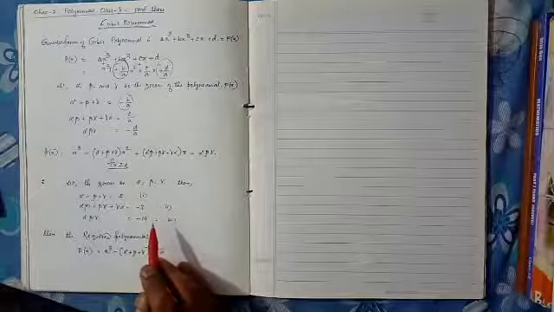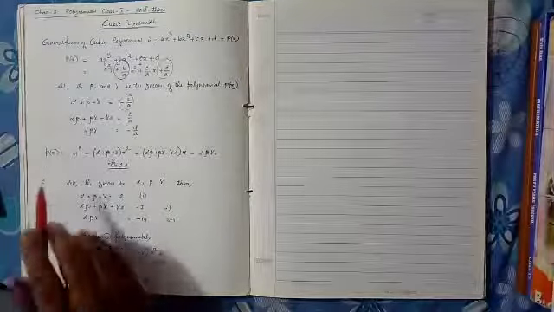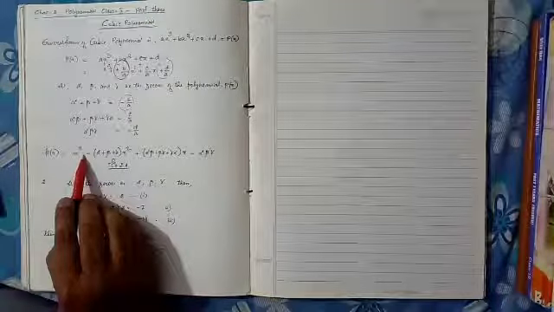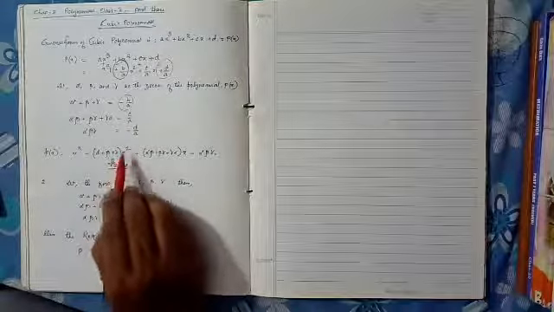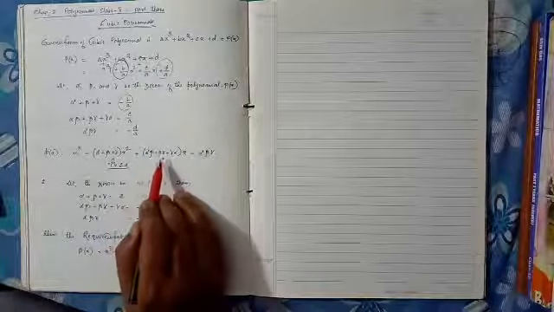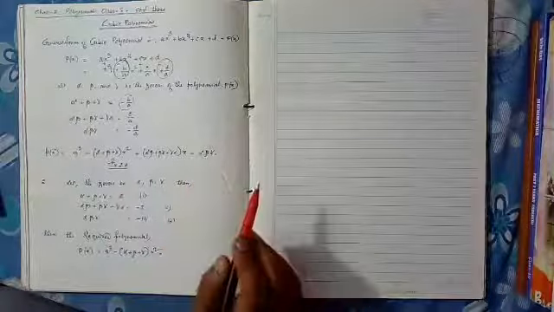So what we get? The structure of the polynomial is p of x is equal to x cube minus alpha plus beta plus gamma times x square plus alpha beta plus beta gamma plus gamma alpha times x minus alpha beta gamma.